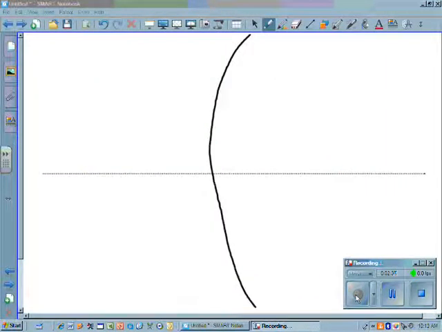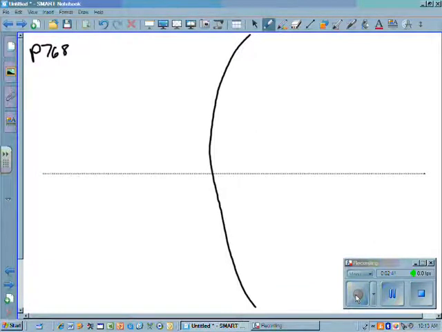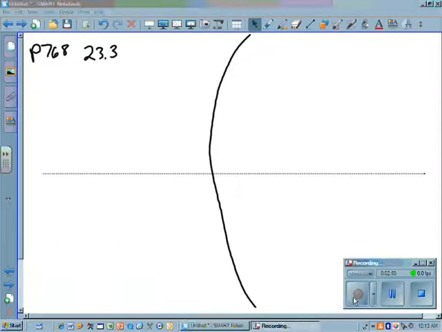Okay, the next one that we're on in our worksheet is page 768, number 23.3. Now, I'm not sure which one Allie's on, but I think she wants to be on that same one. Sam, what does rule number 1 say to do? Okay, a ray parallel.